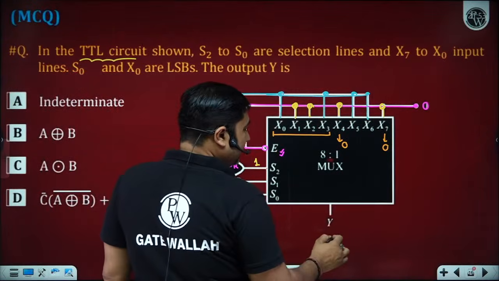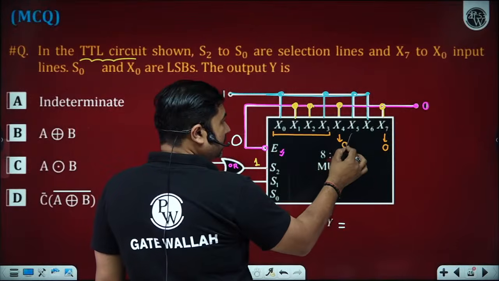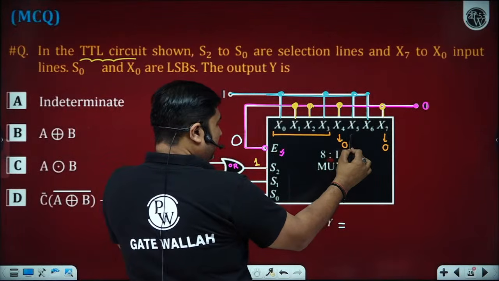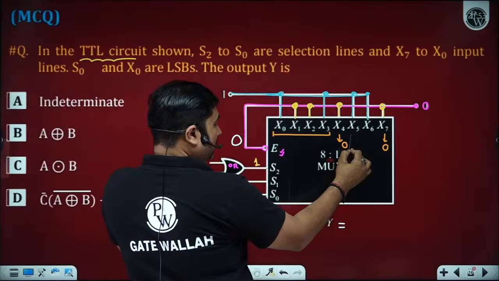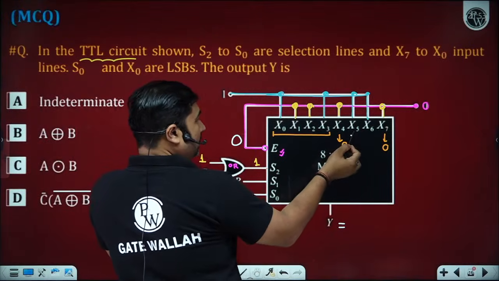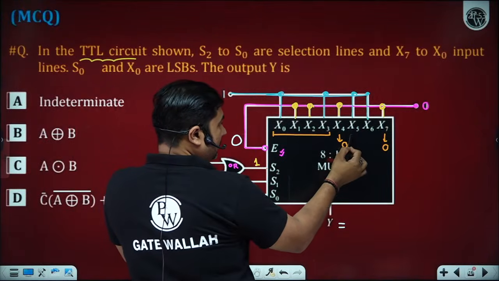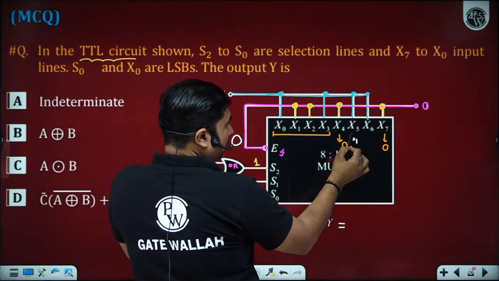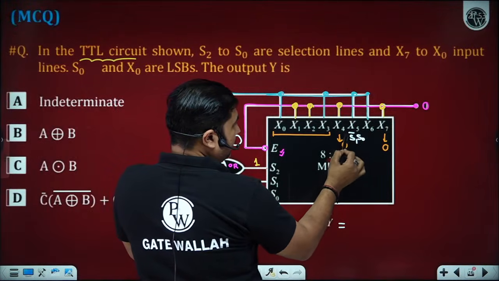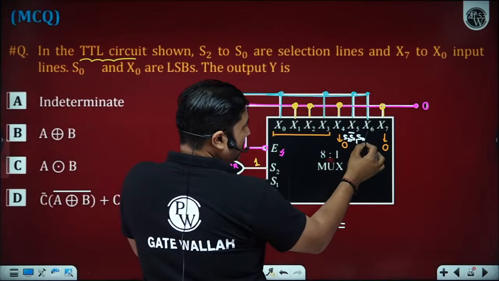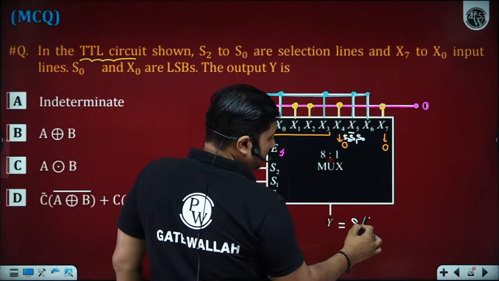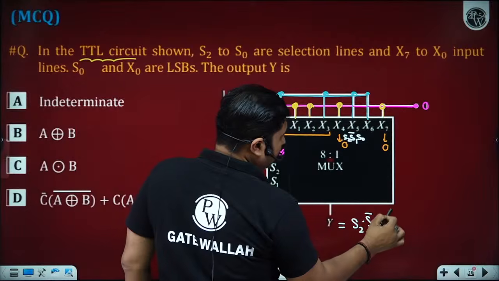What is X5 and X6 information? Please observe. Here we are getting binary of 5 in terms of S2, S1, S0. S2 is 1 only. So we have S2, S1 bar, S0.